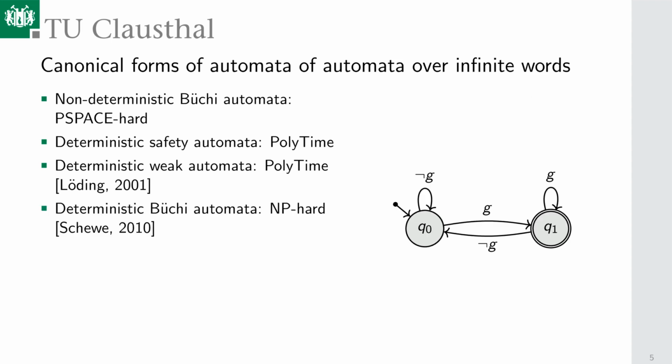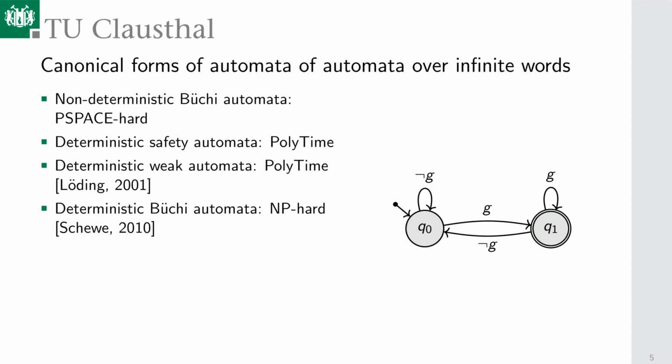The simplest automaton model able to express at least some liveness properties are deterministic Büchi automata, which we have already seen. Schewe showed that, unfortunately, they are NP-hard to minimize, which rules out canonicity definitions that also come with minimality, which is what we are normally interested in.